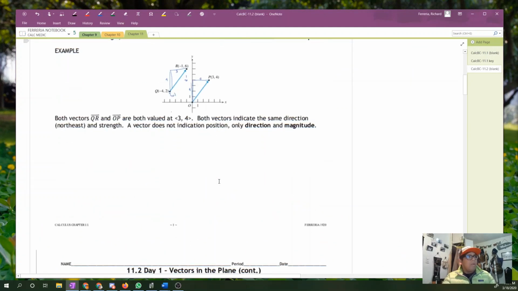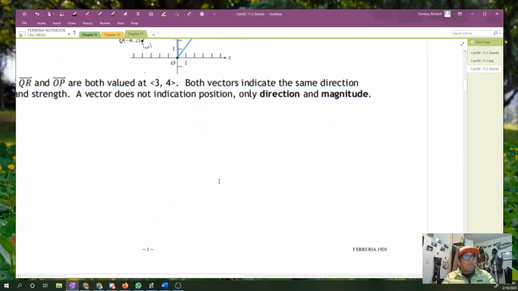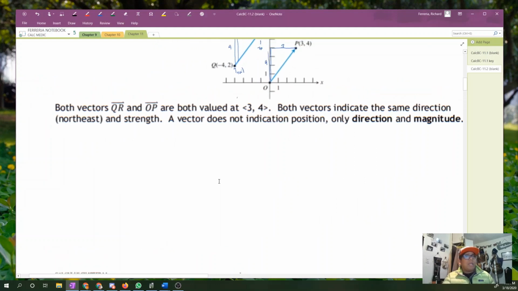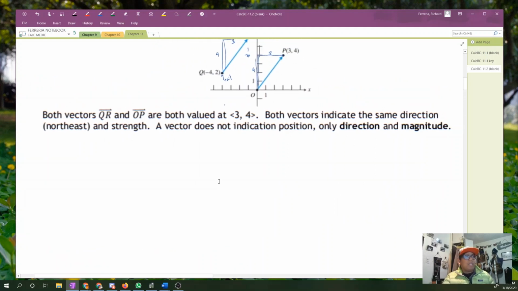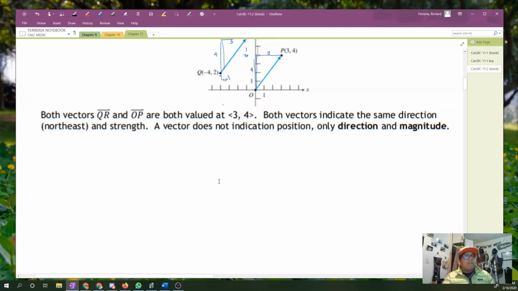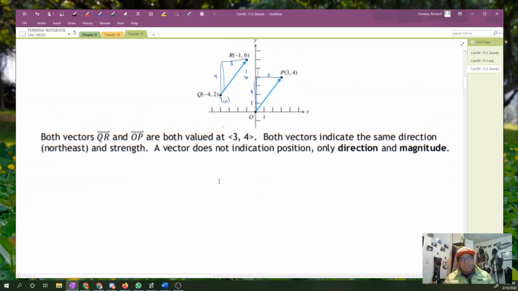Okay. Both vectors are valued at <3, 4>. Both vectors indicate the same direction, northeast, and the same strength. The vector doesn't indicate position. It only indicates direction and magnitude. So we can put that vector wherever we want to indicate that speed.